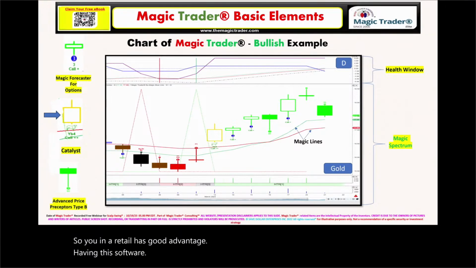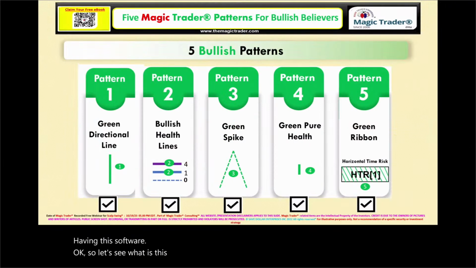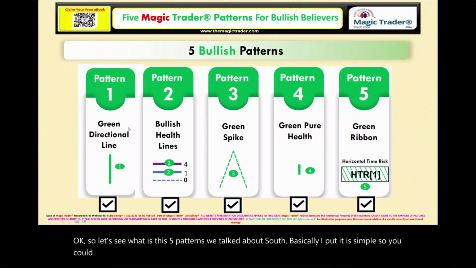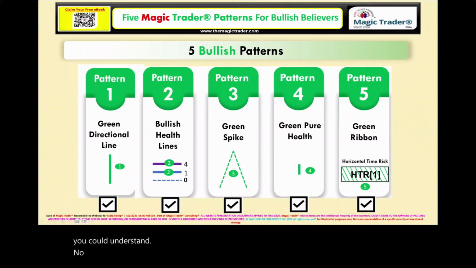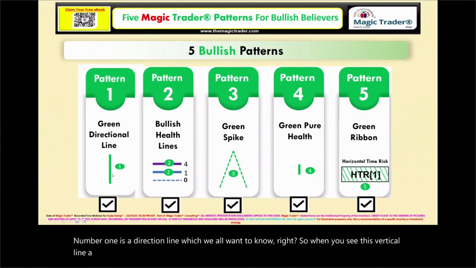Okay, so let's see what these 5 patterns are that we're talking about. I put it as simply as possible so you could understand. Number 1 is a direction line, which we all want to know, right? When you see this thick vertical line, that is number 1, we're going long.